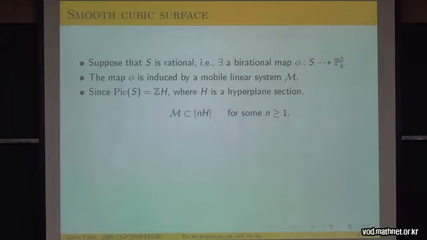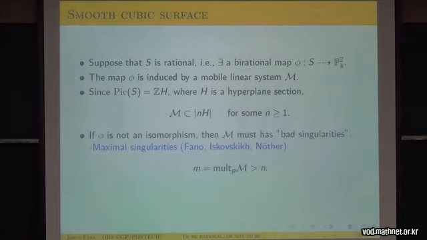Okay. And so you have such a linear system. Our assumption is that the Picard number of S is 1, which means this group is generated by a hyperplane section. So this linear system must be contained in the linear system n times h, for some n.